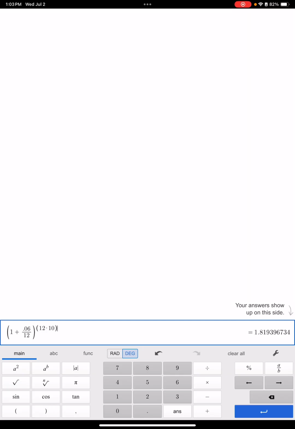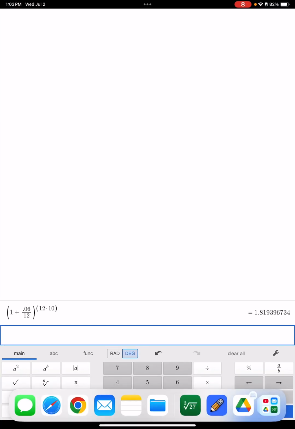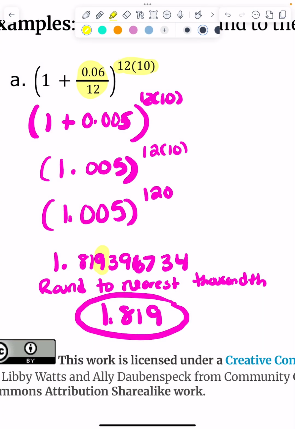All right, so in Desmos, it's going to do the whole thing all in one shot, and that's ideal as opposed to breaking it down piece by piece. So it's good to know the order of operations so that you can break it down, but ultimately I would recommend you use Desmos because if you start rounding along the way, you're going to get your answers wrong. I've been seeing that happen a lot lately.